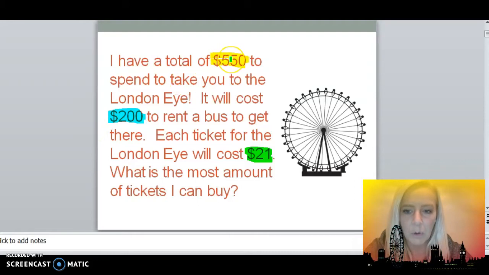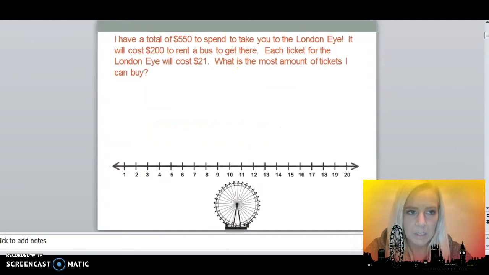So again, I have a total of $550. To rent a bus is going to cost $200. And each ticket to the London Eye is going to be $21. So let's again look at our information.